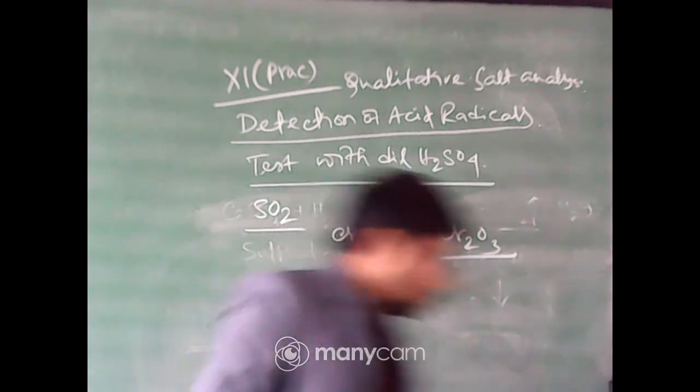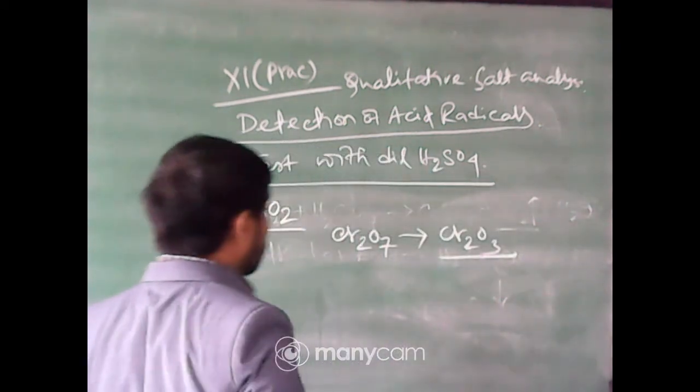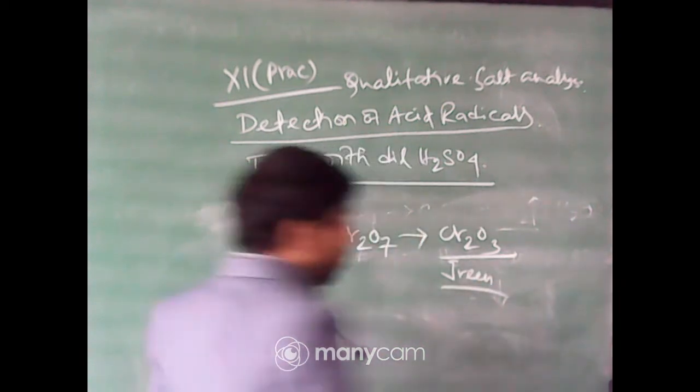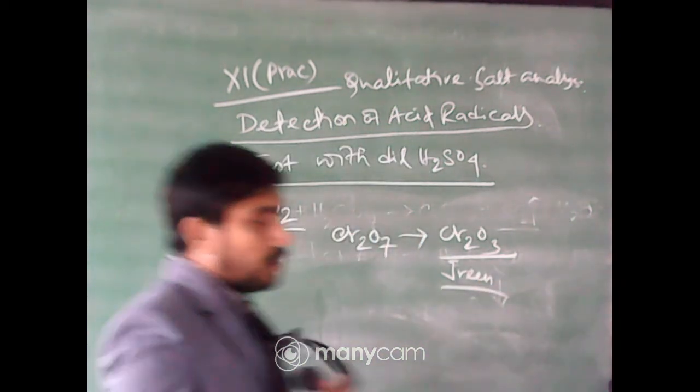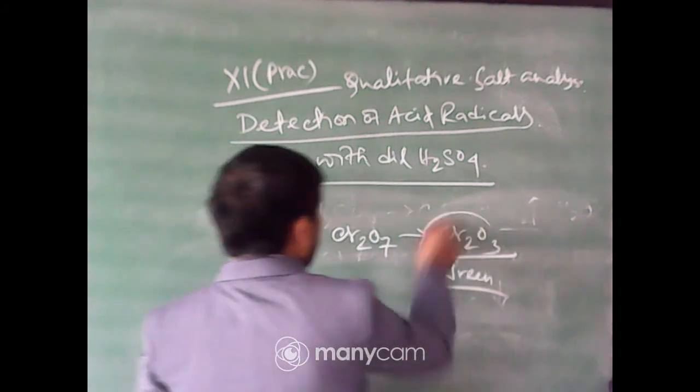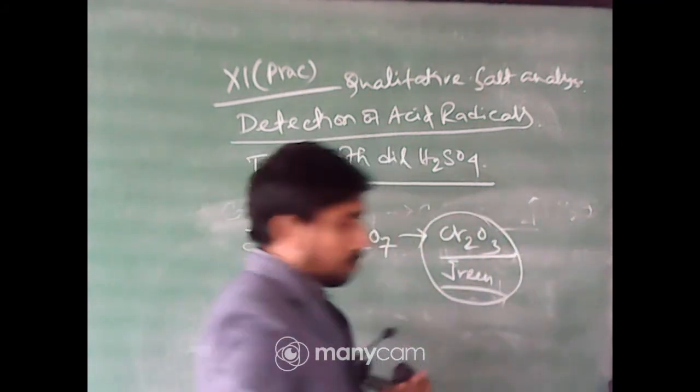So the acidified dichromate paper converts to green due to the formation of Cr2O3 oxide.